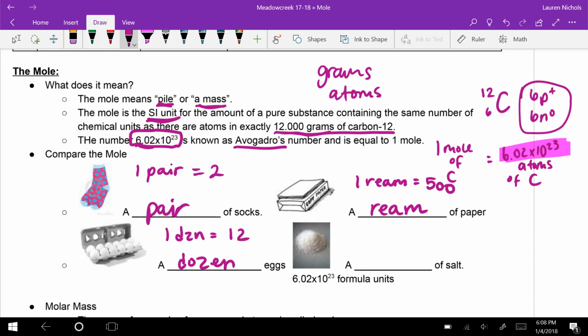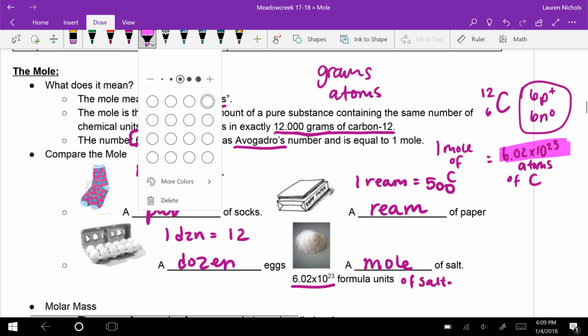If I have a dozen cookies, it means I have 12 cookies. Okay, so that unit just represents that number. And for a mole, okay, we know that a mole of salt would be 6.02 times 10 to the 23 formula units of salt. Now, the key thing is that word formula units.